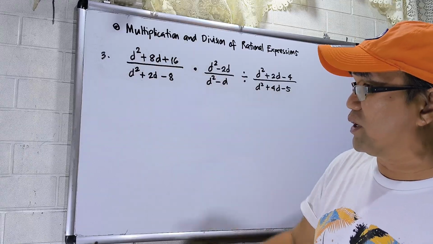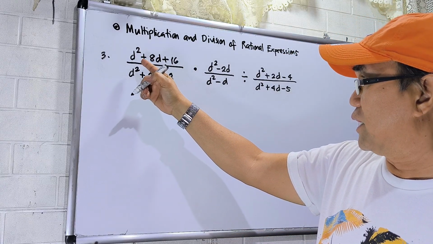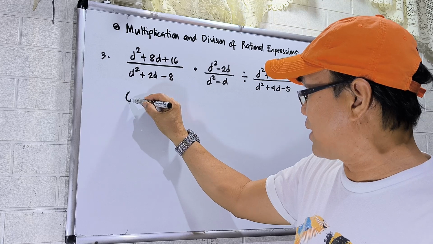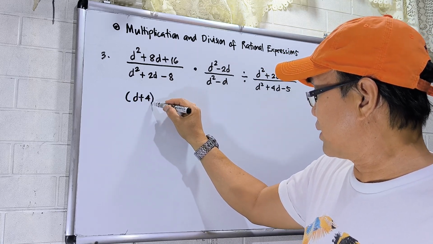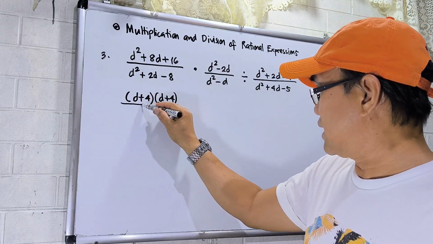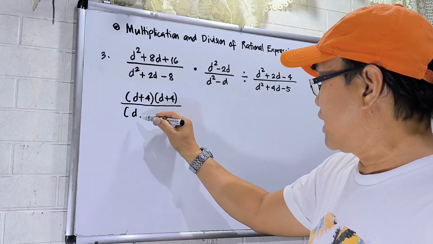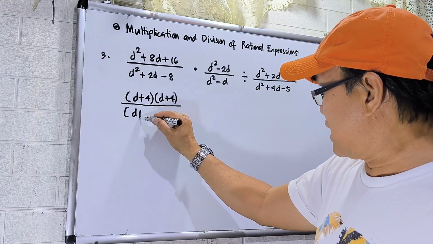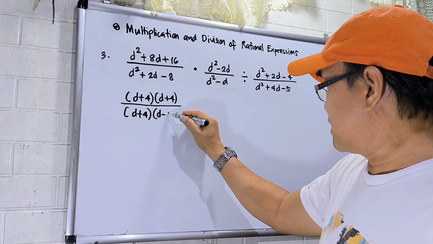So I will factor the numerator of the first group. The factors of the numerator are (d + 4)(d + 4), and then over the factors of this one, (d + 4) and (d - 2).